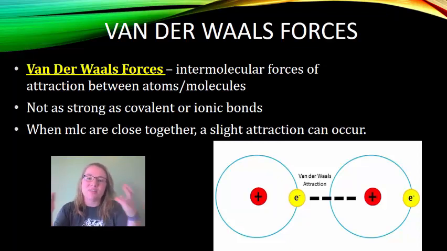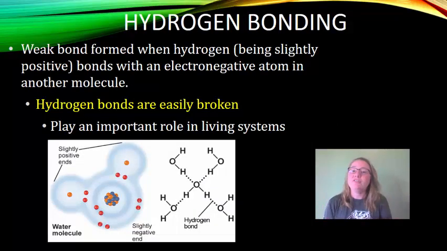The type that we really narrow in on within biology is hydrogen bonding. Hydrogen bonding is a very weak bond formed when hydrogen bonds with an electronegative atom in another molecule. So the bonding within water is really important here. Water molecules are held together by covalent bonds because they share those electrons within that molecule.